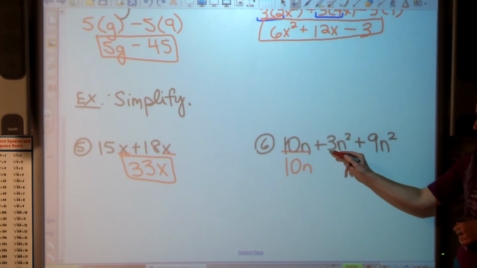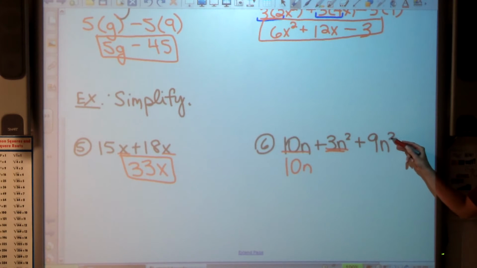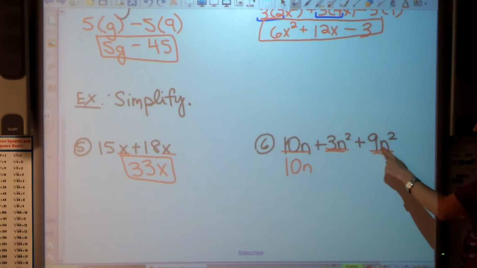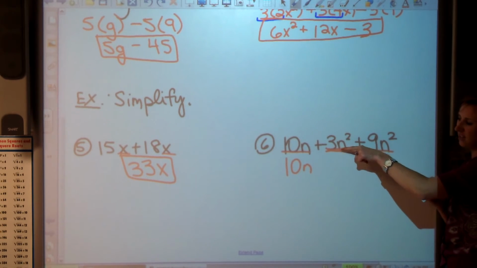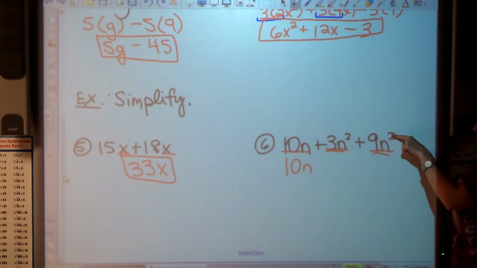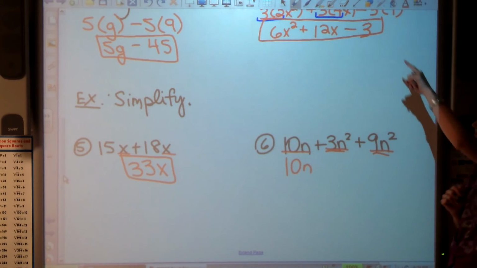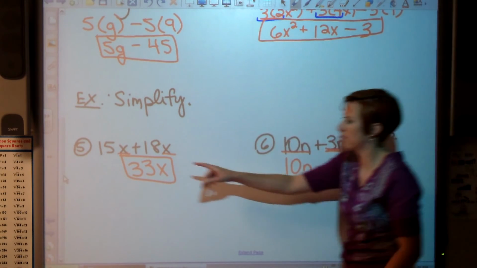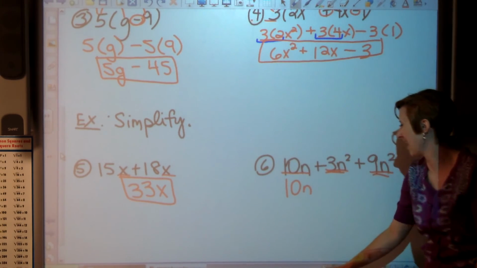Now, I have a 3n squared plus, then I have a 9n squared. So they have both n's and both with the exponent of 2. If you notice, I underlined it twice to show where it had the exponents. And this one has exponent of 2, so I underlined him twice. So kind of the same way I did up there. As I multiplied the big numbers together, here I'm just going to add the big numbers.